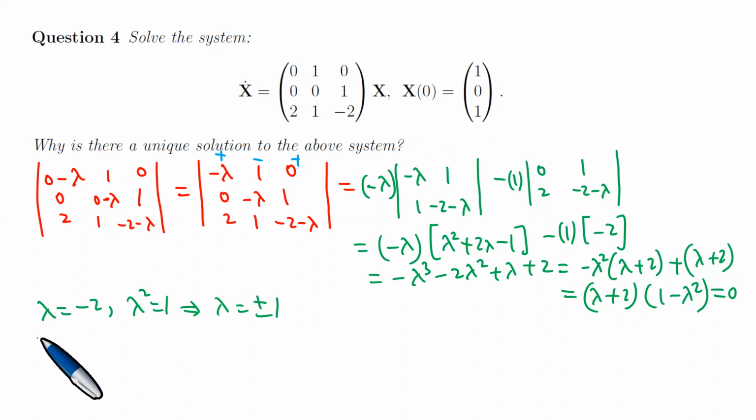So for lambda equals -1, we need to get the eigenvectors. So these are what you call the eigenvalues.